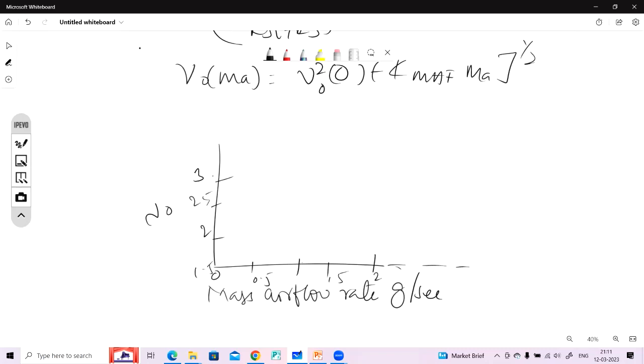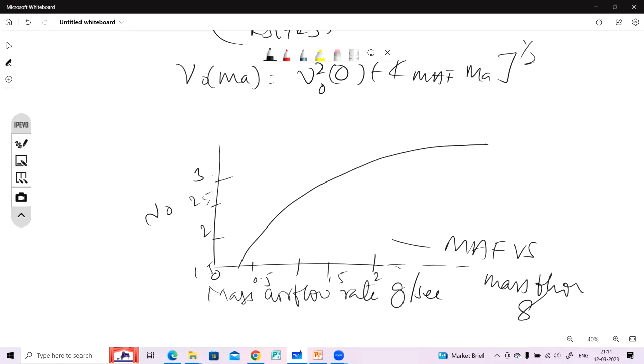It starts from 0 and 0.5 and it varies. So the output voltage tells about MAF versus mass flow in grams per second.